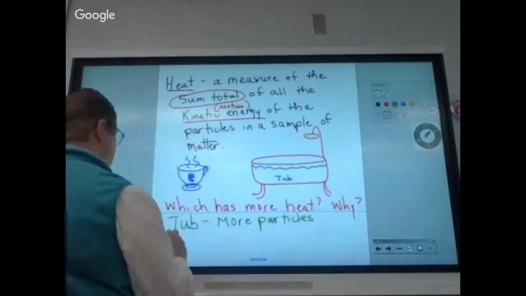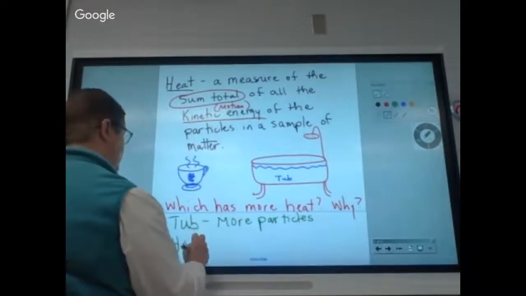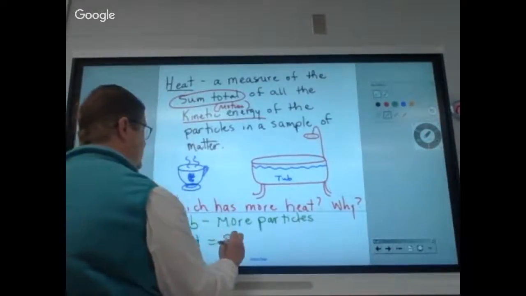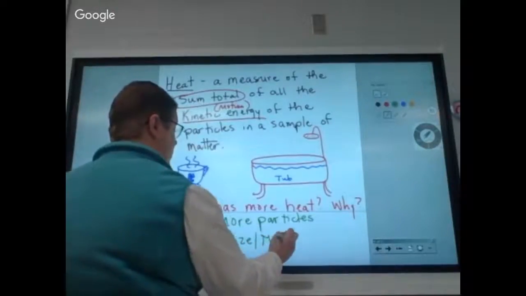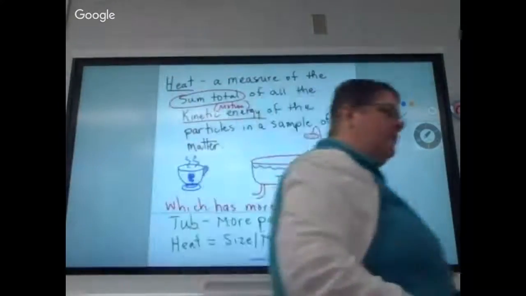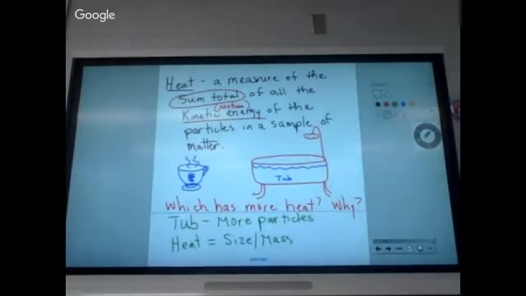Okay? Heat equals size or mass. The larger an object is, the more heat it will have. Okay? What if I'm taking a cold bath though?